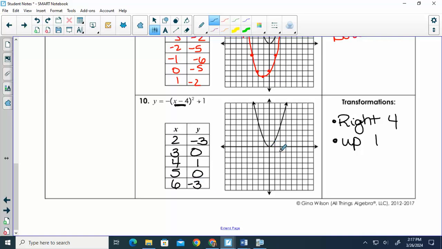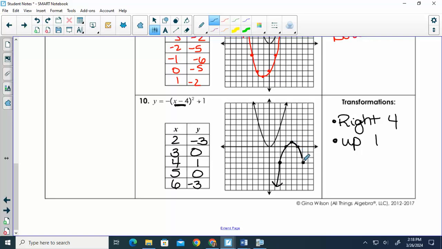So we have 2, negative 3, 3, 0, 4, 1, 5, 0, 6, negative 3.